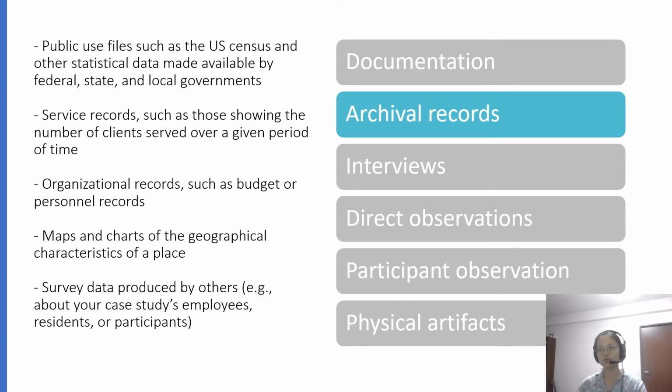The second source is archival records. That can include, for instance, statistical data that you download from your government's Census Bureau or Statistics Bureau, or service records available in the organization to, for instance, record the number of clients they served over a given period of the year, and other things such as survey data you are collecting during the process or collected by other researchers in their own research.